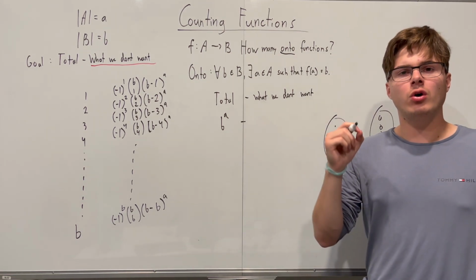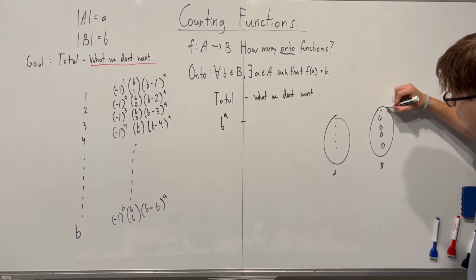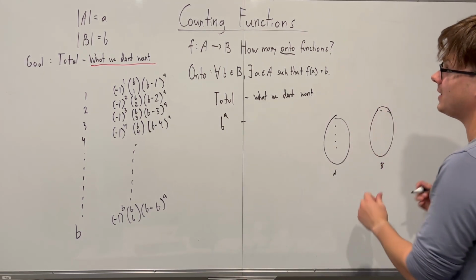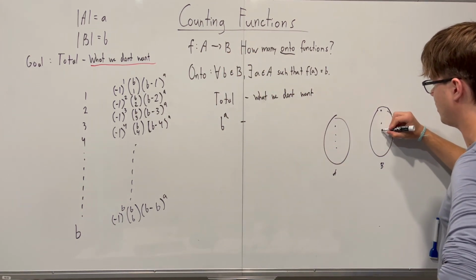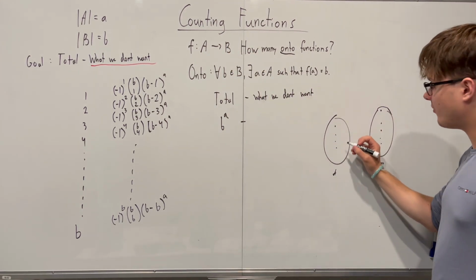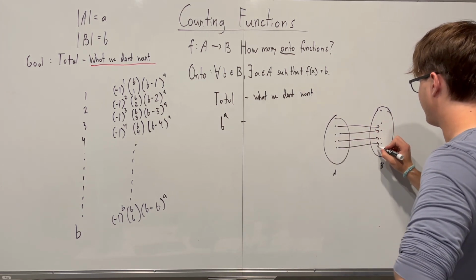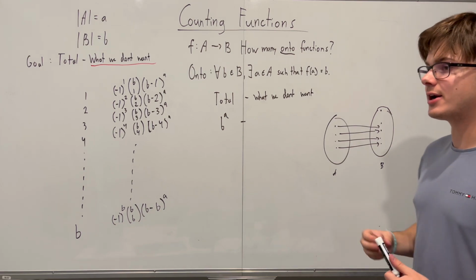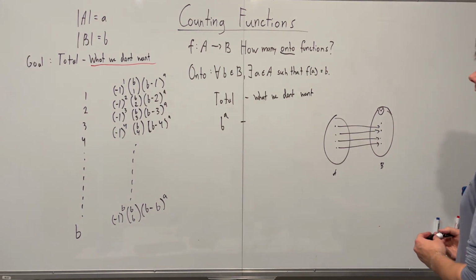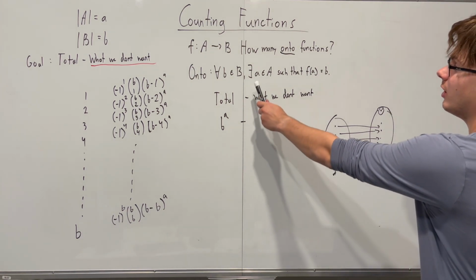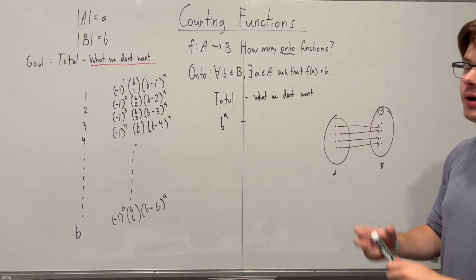Why do we not go greater than b? Well, because let's say you add an additional element to b, right? Let's say b is greater than a. Your size of your codomain is greater than the size of your domain. Well, what you're going to find is you are always going to have functions that are not onto, because you will always have an element that won't have an element in the domain mapping to it, right?